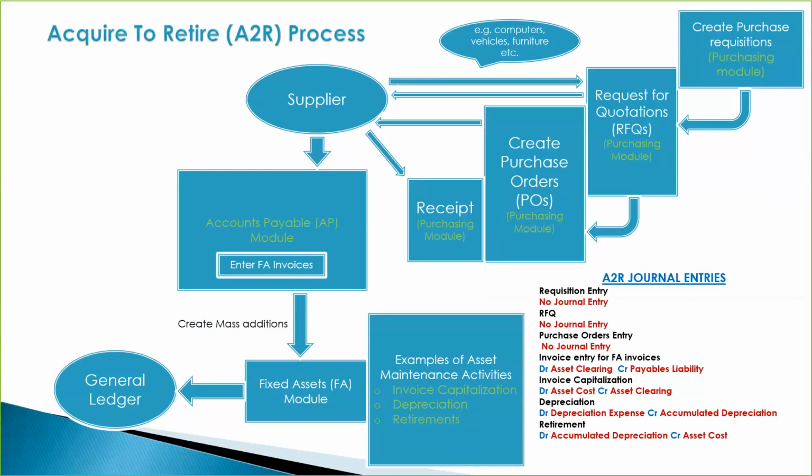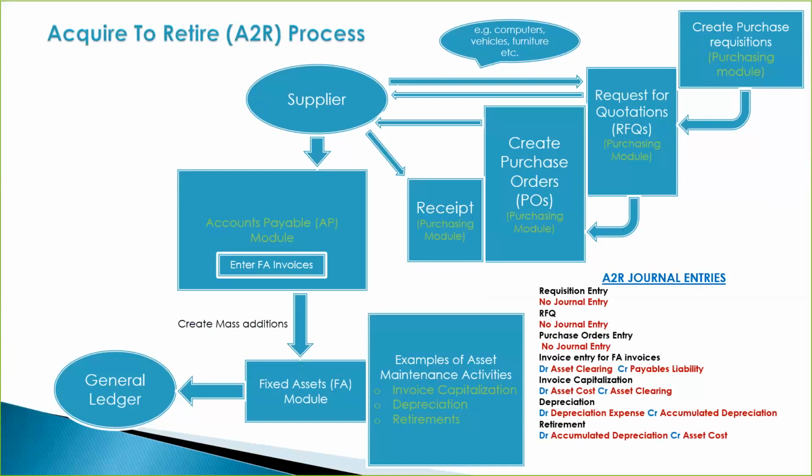Then you need to analyze those quotes from different suppliers. For example, you send out the request for quotation for the computers you want to procure, and all the different suppliers that you do business with will send you their quotes for whatever they are selling the computers for. For example, if you're dealing with Walmart, Office Depot, Staples, they'll give you different quotes. Then you analyze those quotes and decide which one to go with.